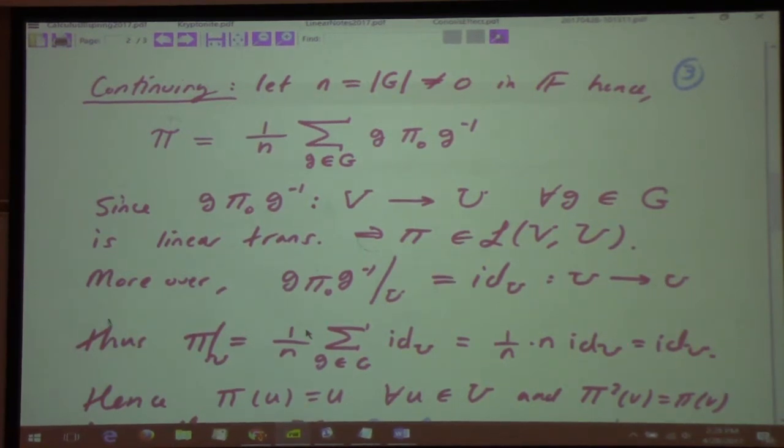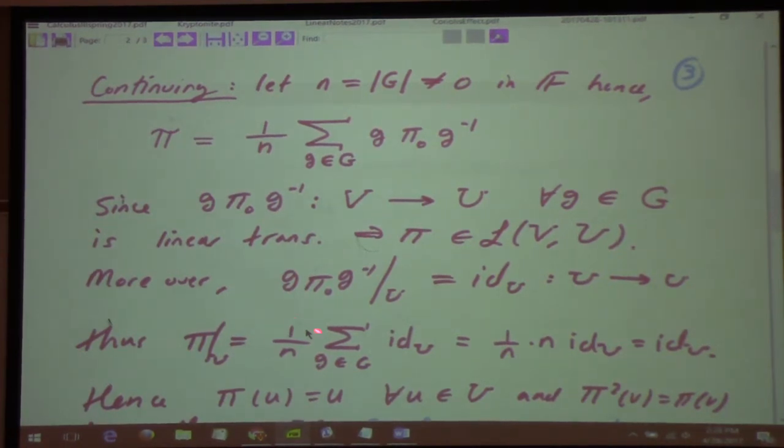And that gives us the identity on U. So I've somehow averaged over the group and I still have the identity on U. Dividing by n was the thing I needed to think about doing in order to make that happen.